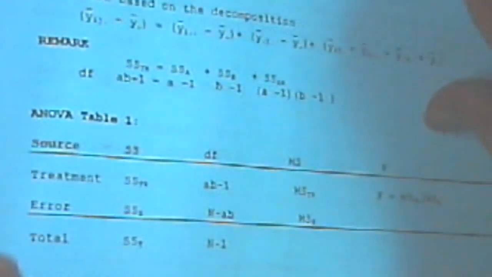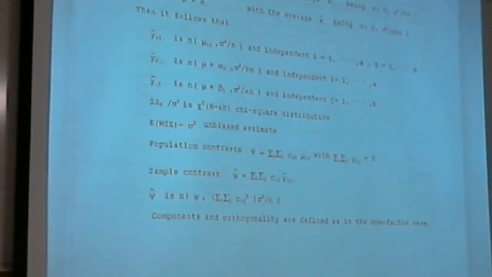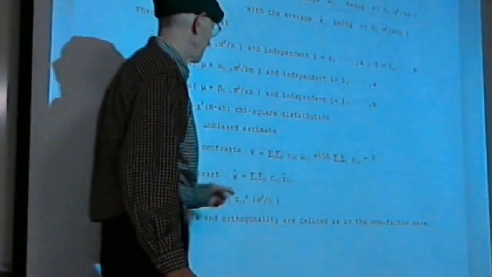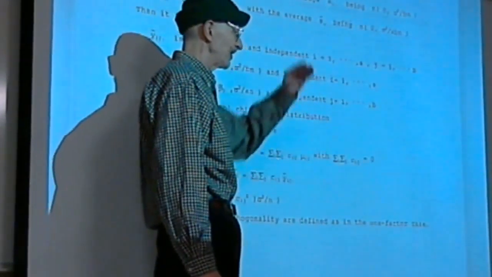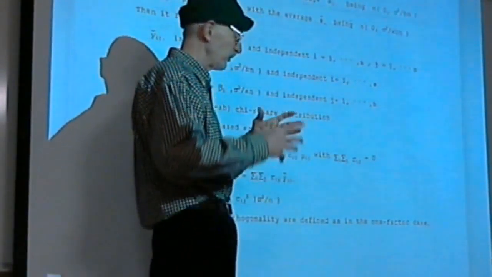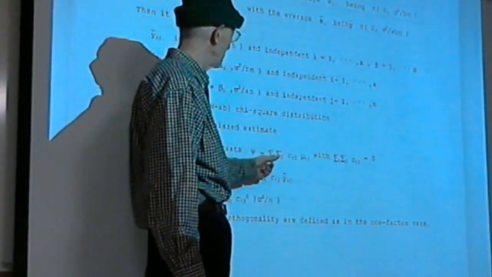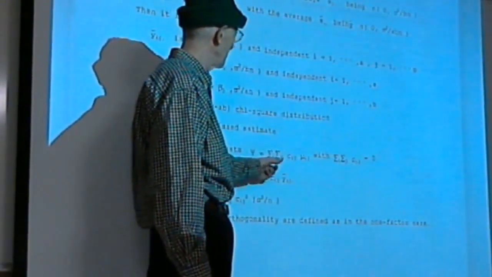All right. So the last thing on the bottom of page 5 is a statement about results for contrasts, and this is fairly straightforward. But you notice that we can talk about contrasts now in a two-dimensional sense. We have mu_ij being the means in the cells in the two-dimensional array. So if we formed a contrast in those quantities, it would look like this. It would be a double sum of some coefficients c_ij times mu_ij.